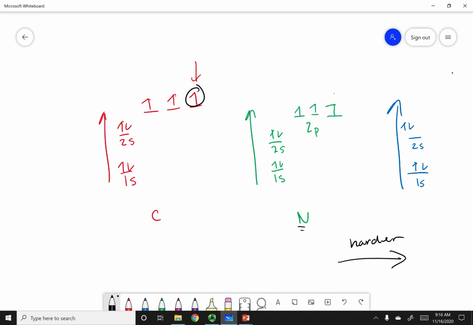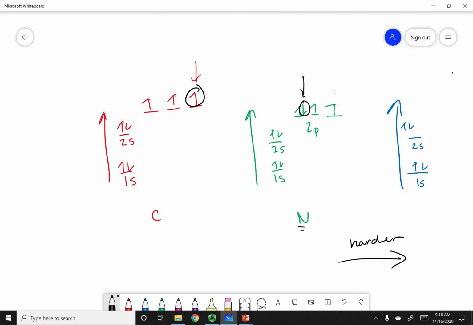You can stick on an electron and it releases energy. However, for nitrogen, if I want to stick in an electron, I have to begin pairing up electrons. So I don't get as much energy back out because I'm trying to force an electron into a spot where another electron is currently residing.